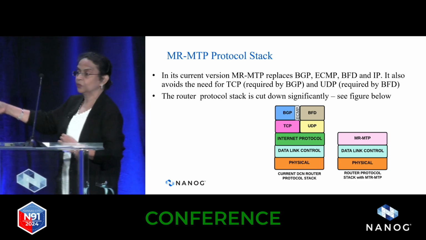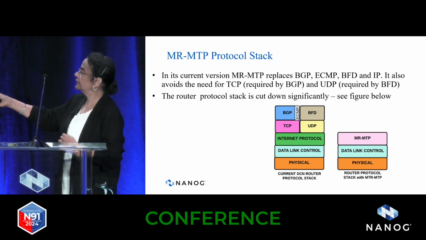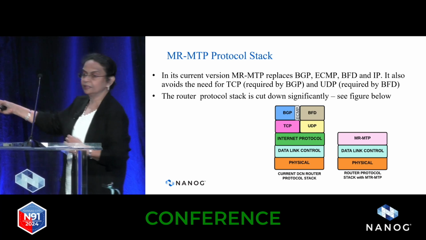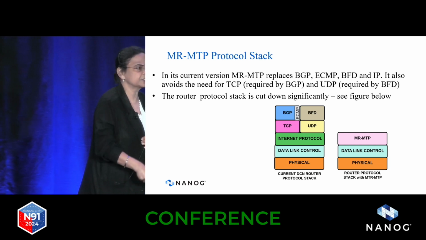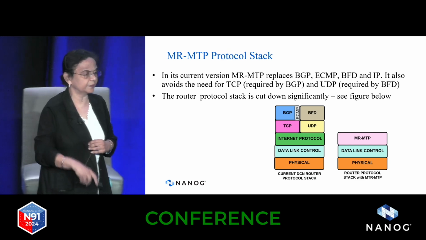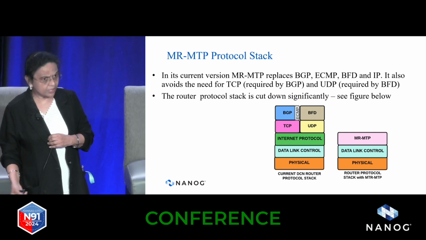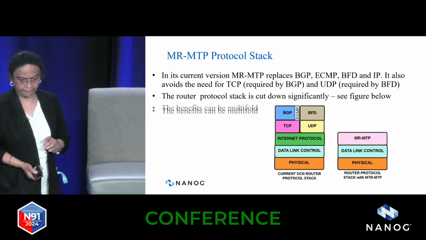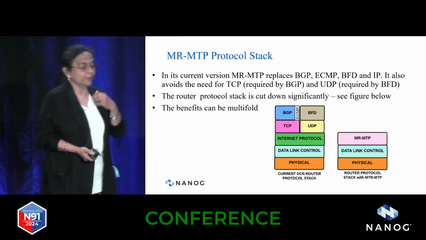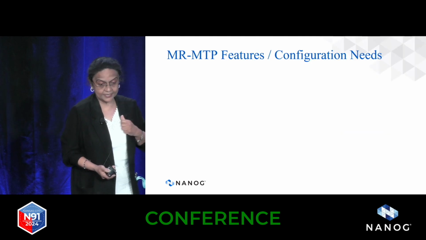And here is what we currently use. Look at that. You're going to be replacing all that with this simple single protocol. How much reduction in configuration, operational complexity, costs, etc., that is something I've not yet studied. The benefits can be multifold, not yet investigated.